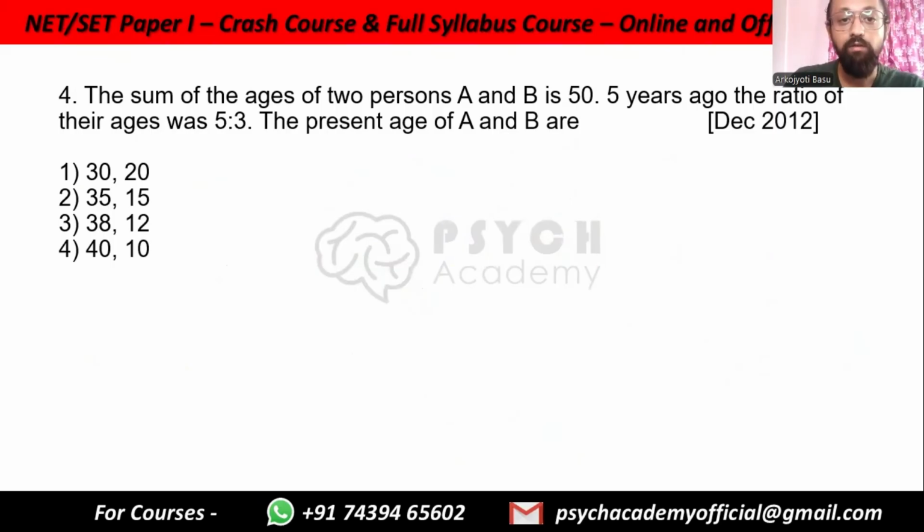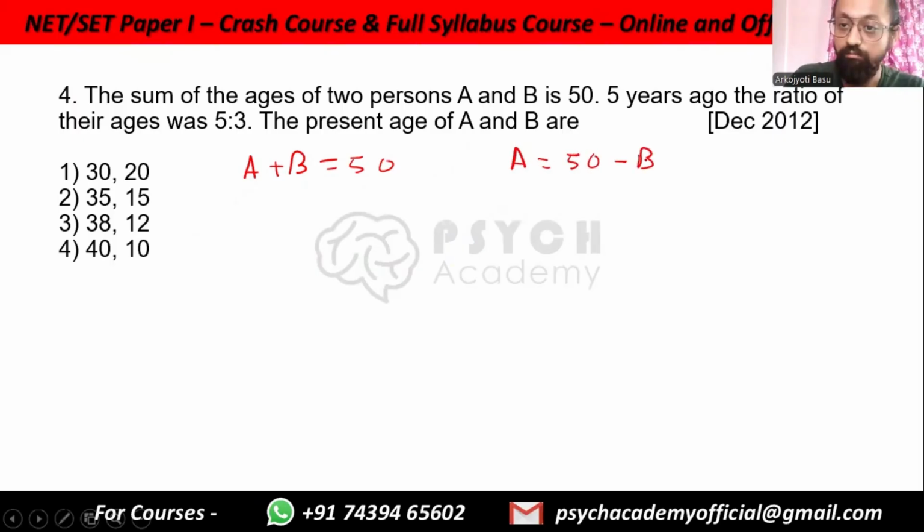The sum of the ages of two persons A and B is 50. Okay, so A plus B is equal to 50. 5 years ago the ratio of their ages was 5:3. Find the present ages of A and B. So if A plus B is equal to 50, then A is equal to 50 minus B. B's age 5 years ago was B minus 5, and A's age 5 years ago is A minus 5.